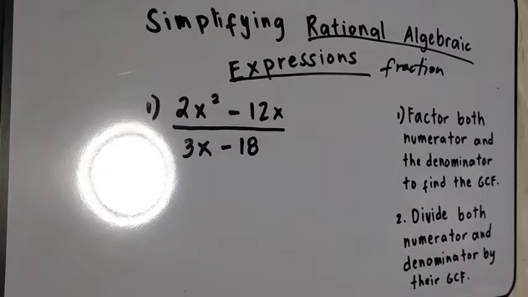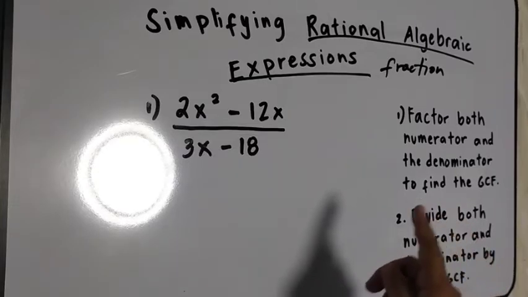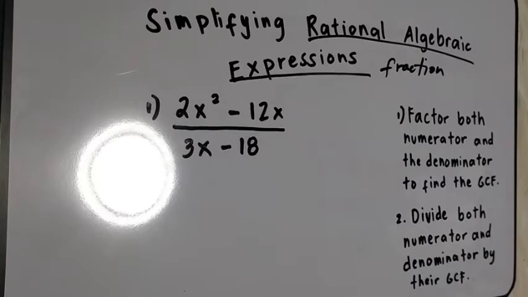Okay? So we have here the first example wherein we're going to simplify 2x squared minus 12x over 3x minus 18. But before that, we have here the steps. First, factor both numerator and denominator to find the GCF.